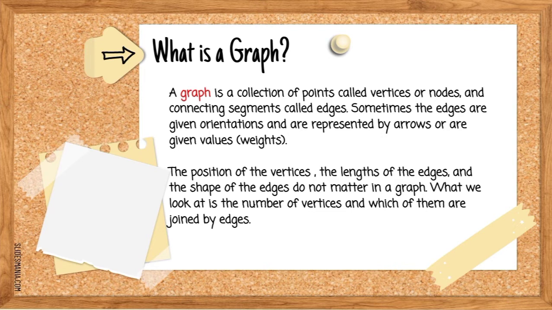Sometimes the edges are given orientations and are represented by arrows or are given values called weights. The position of the vertices, the lengths of the edges, and the shape of the edges do not matter in a graph. What we look at is the number of vertices and which of them are joined by edges.